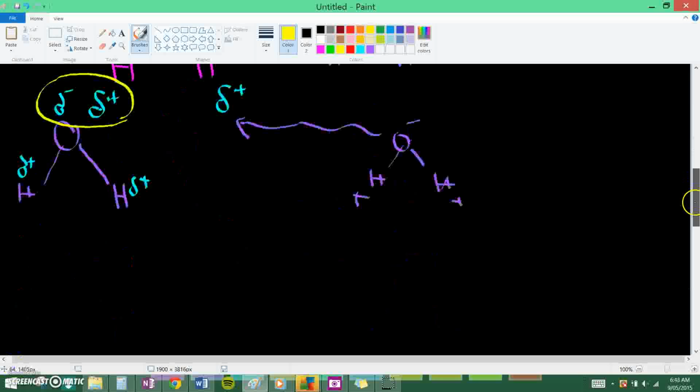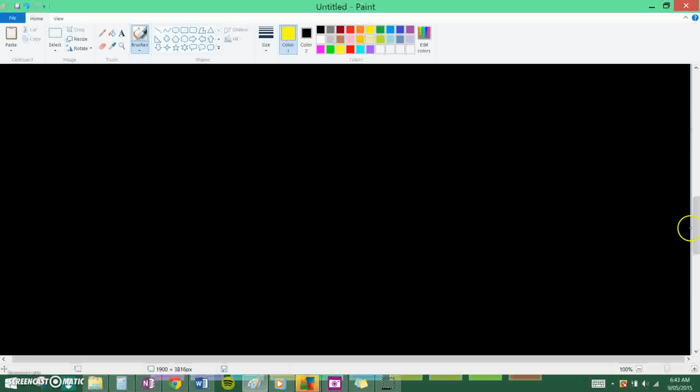Now for dipole-dipole moments, we need to first check if the molecule is asymmetrical. So take CH4 for example.